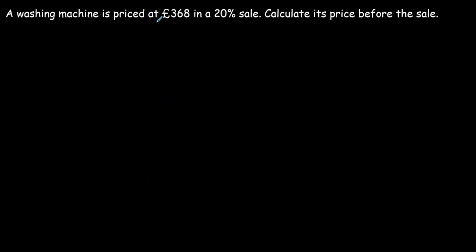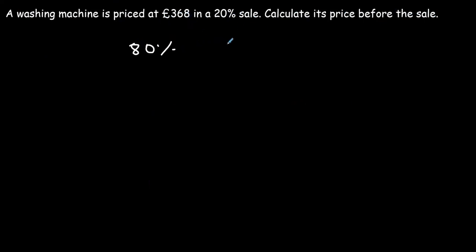A washing machine is priced at £368 in a 20% sale. Calculate its price before the sale. So this time we're told the price has decreased by 20% to become this value. So since the original price is 100%, that means that this represents 80%.